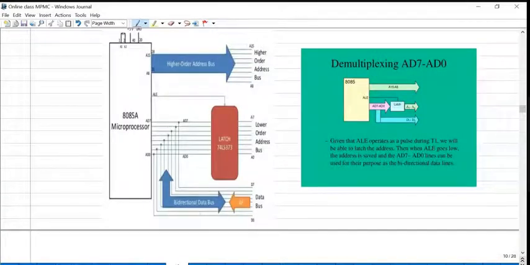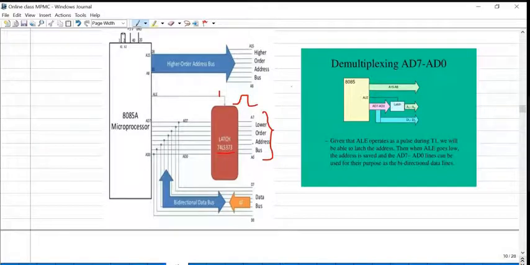The same concept, with demultiplexing explained alone. See here, AD0 to AD7, the latch 74LS373. This is the latch circuit. When ALE is 1, the addresses are latched out during the first, or initial, clock pulse.